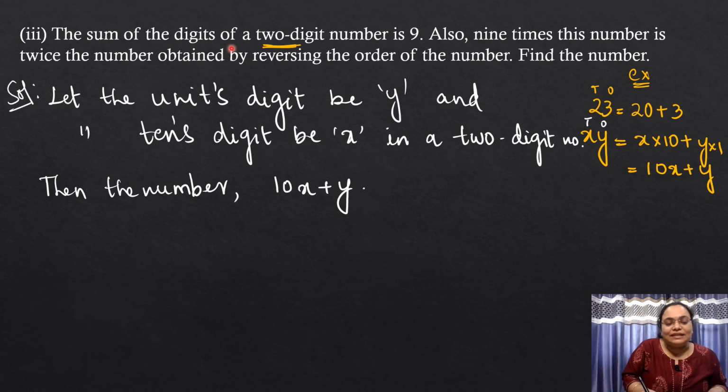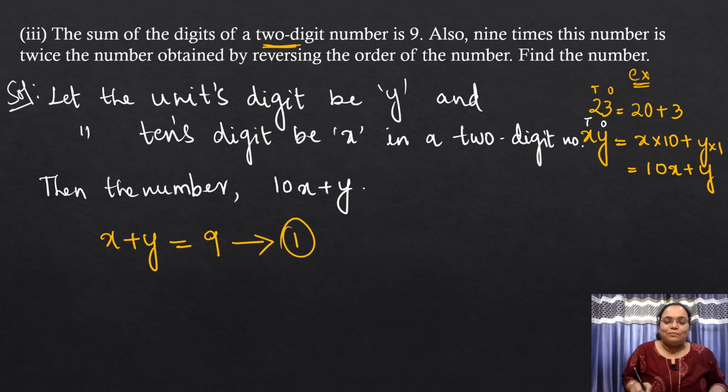The sum of the digits of a 2-digit number is 9. So, what are the digits we have assumed? We have assumed the 2 digits to be x and y. So, what will their sum be? It will be x plus y. Yes? So, x plus y is equal to 9. Okay, this is equation number 1.